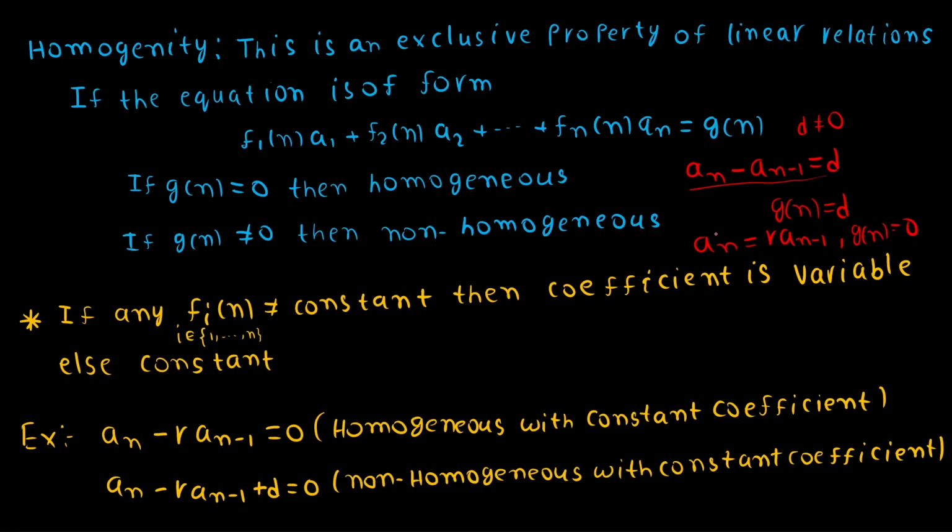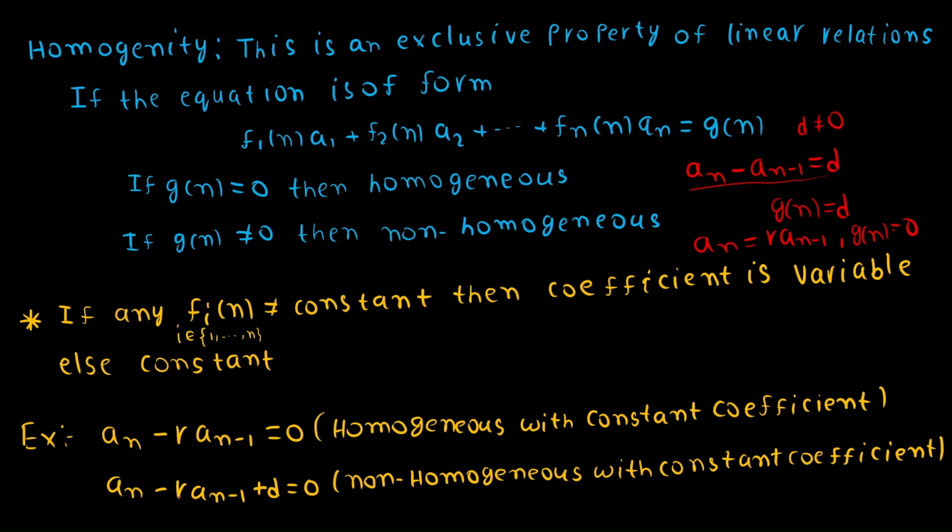Now let's see the constant and variable types. If any of the fi of n, where i goes from 1 to n, is not a constant, then the coefficient is variable, else constant. Suppose you consider this: an minus r an-1 plus d equal to 0. This is a non-homogeneous recurrence relation as we have discussed.